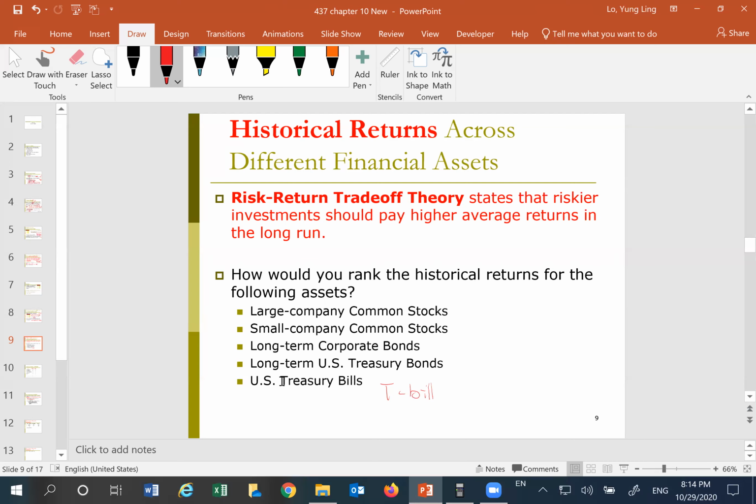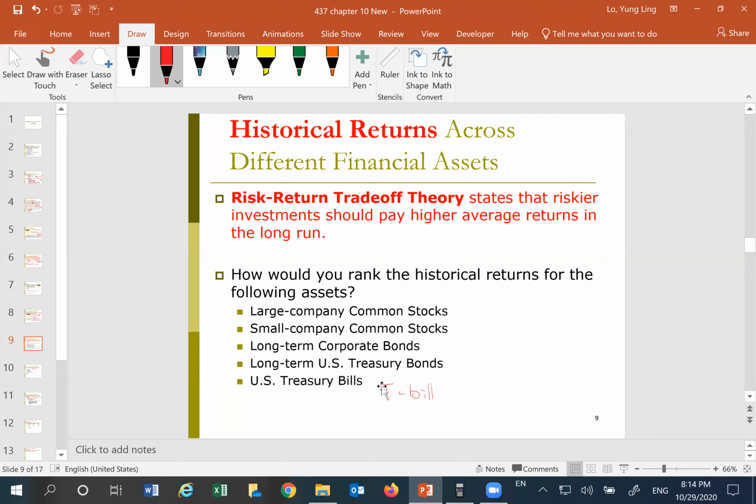At least in the short run. It is short-term debt issued by the federal government, which means that from the time the T-bill is issued up until the time the federal government has to pay you the par value is going to be 1 year or less. So within a year, our federal government should still have the power to print money. We cannot necessarily predict what is going to be 20 years from now, but since T-bills will mature in a year or less, we know for sure that this should be the safest investment that we can find.